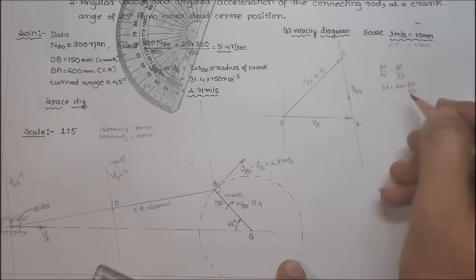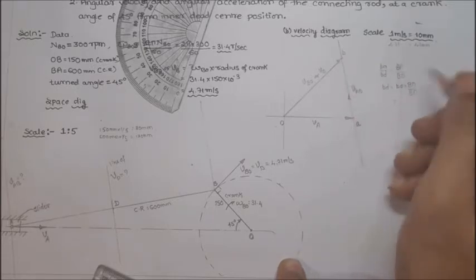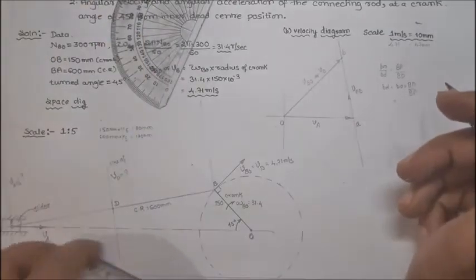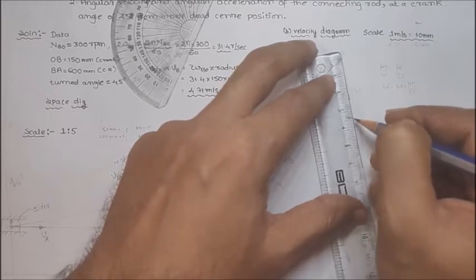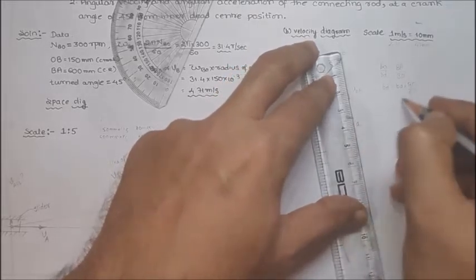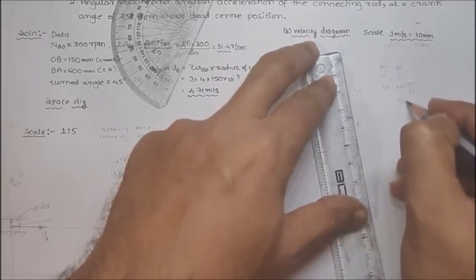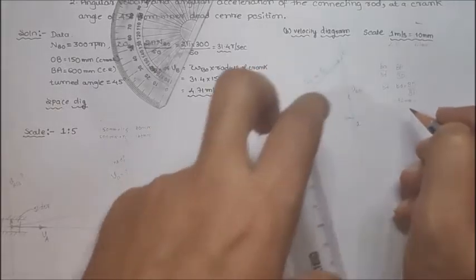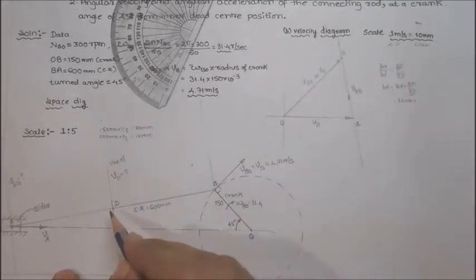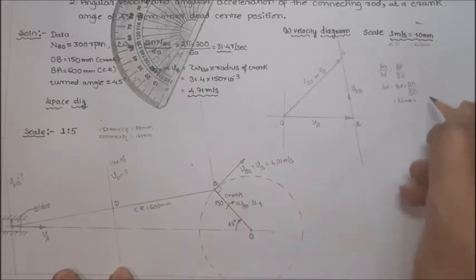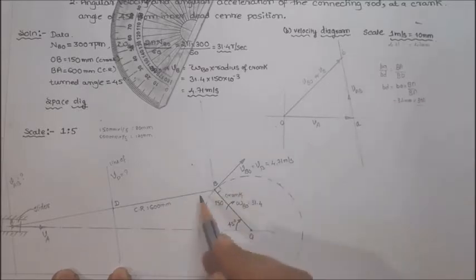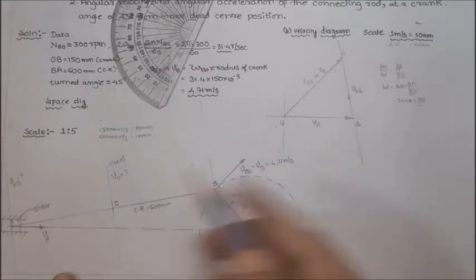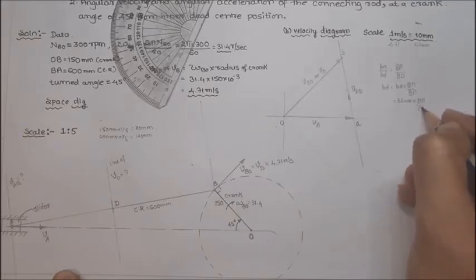So what is the vector value of BA that we have to measure? The vector value of this one is here 34 mm, and the original value of BD is half of this one. So BD value is 600 divided by 2, that is 300, and total connecting rod BA distance is 600.